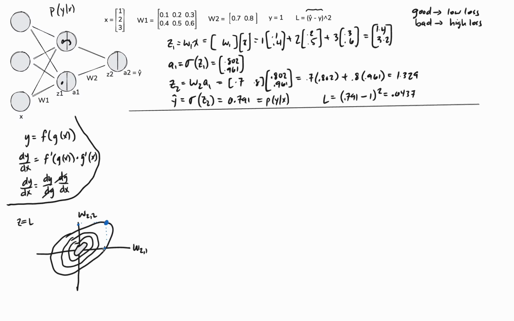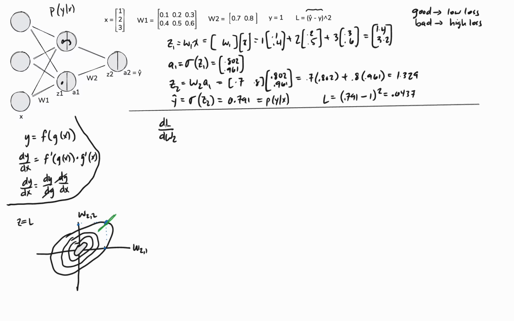Now when we compute the derivative of the loss with respect to W2, what that gives us in this geometric representation is, I think, this line right here, okay?